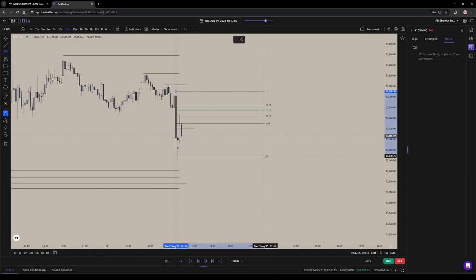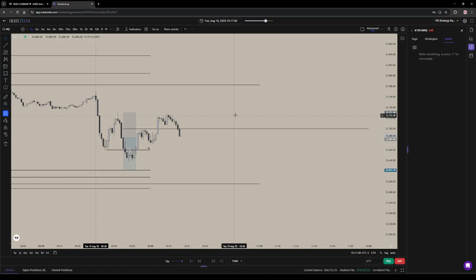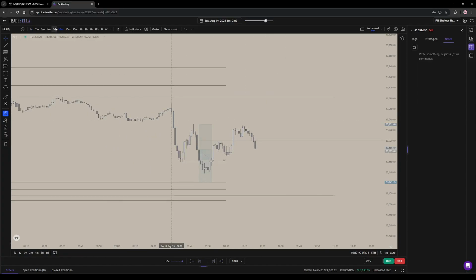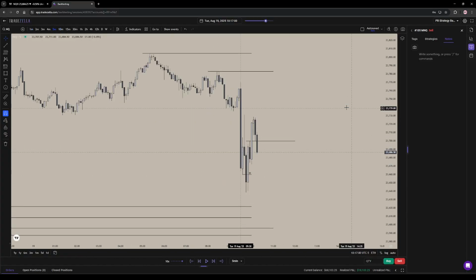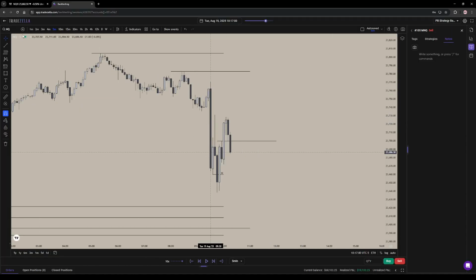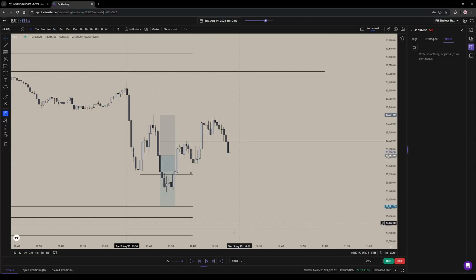Also, it looks like we're in discount of range, tapping into almost the OTE of range as well. It's looking great. It's just the inverse is looking a bit naff right now.